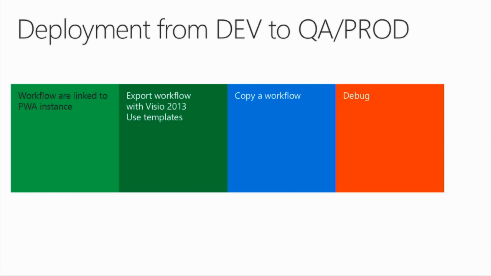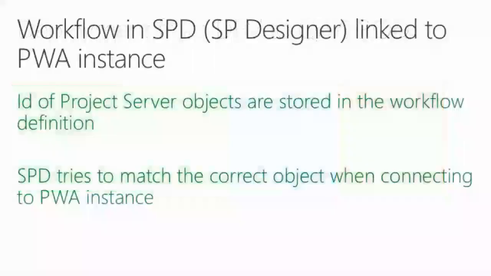So we will see how we can use Visio 2013 to export the workflow from one PWA instance and re-import it into the other instance. And then we will copy the workflow, and we will see how we can debug. As I mentioned, the different IDs of Project Server objects are stored inside the workflow, but it's also storing the name.